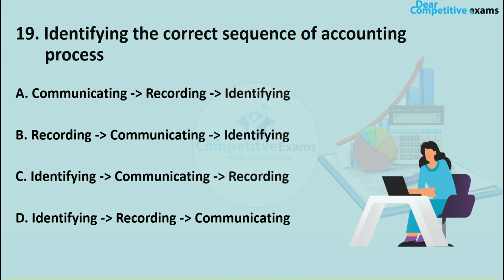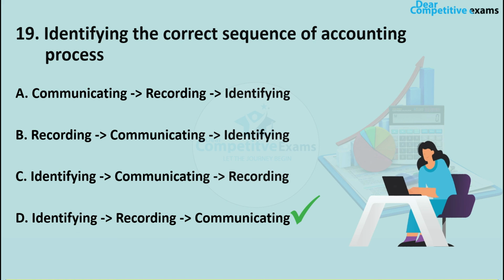The correct answer is D. The correct sequence of the accounting process is first we identify, then we record, then we go for communicating, right? So this is the process of accounting.